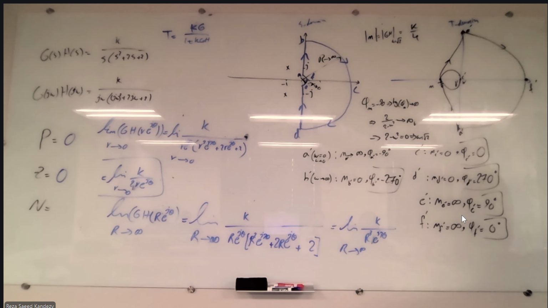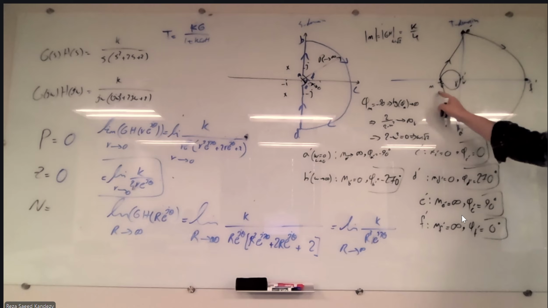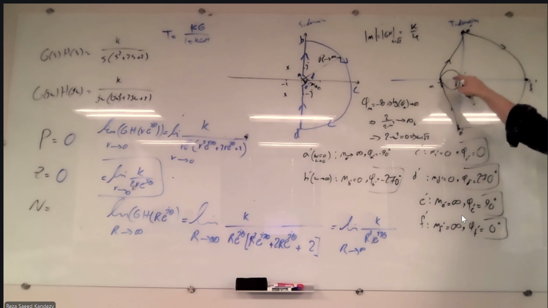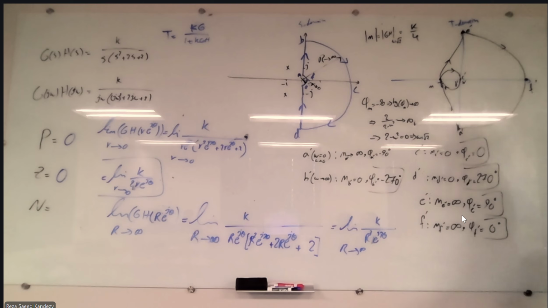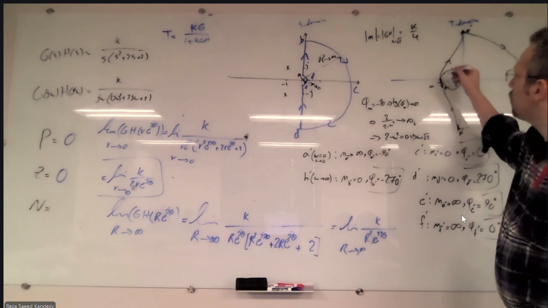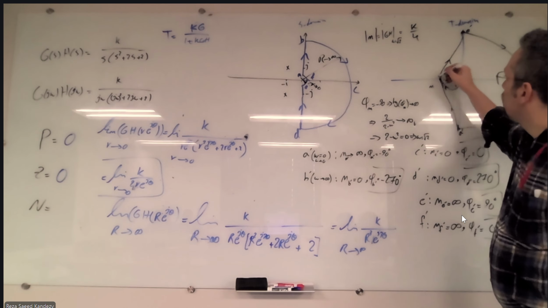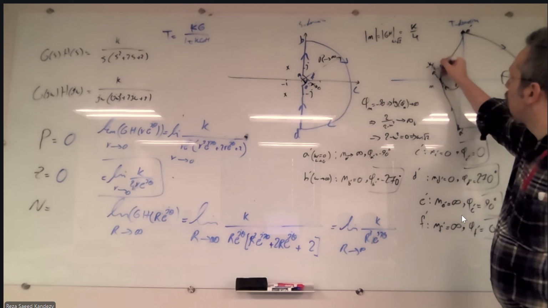Because eventually we want to have a stability analysis. We can't actually find if we encircle the point minus 1, because we don't have the value of M, which, if you remember, was minus K over 4.